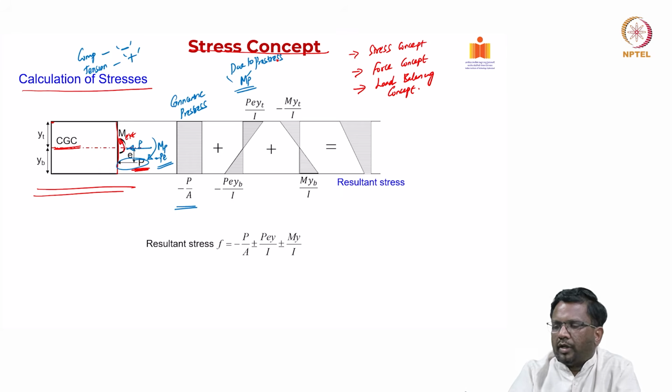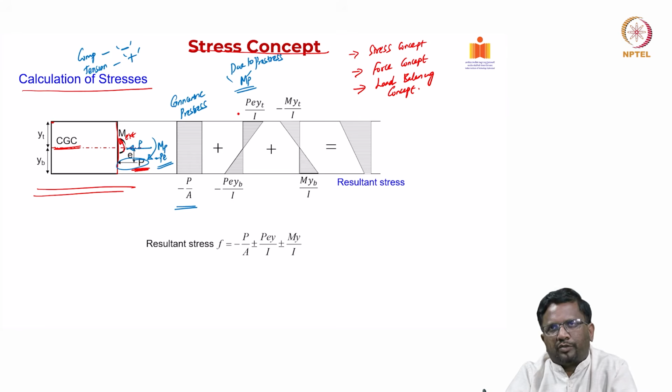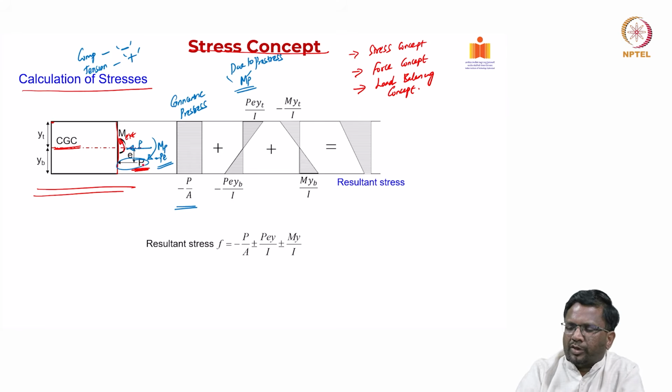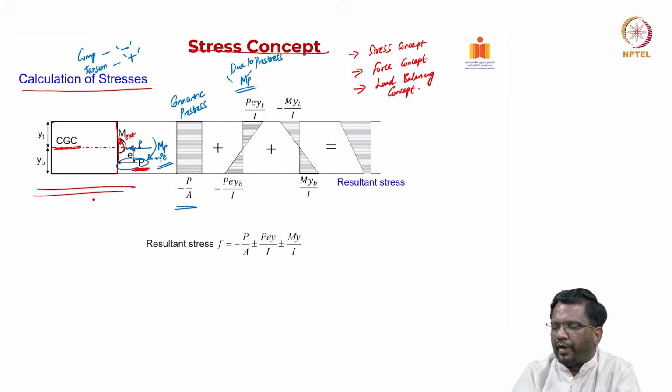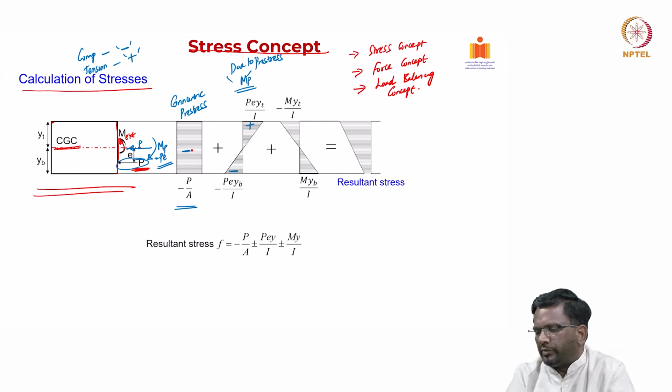Right. Now, P into e is the moment, and we know the stress at the top fiber is going to be moment into distance of the fiber divided by the moment of inertia. Again, now pre-stress is applied like this, right. So, it is going to create positive stresses at the top and negative stresses at the bottom, this is completely negative.